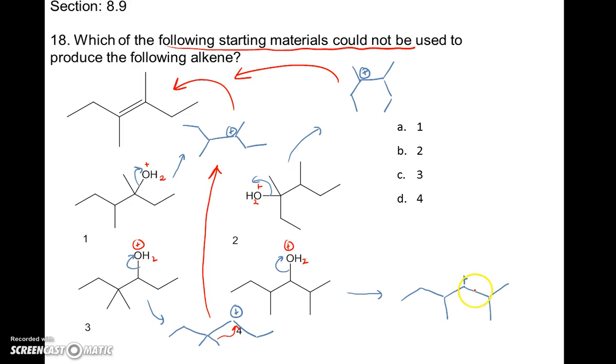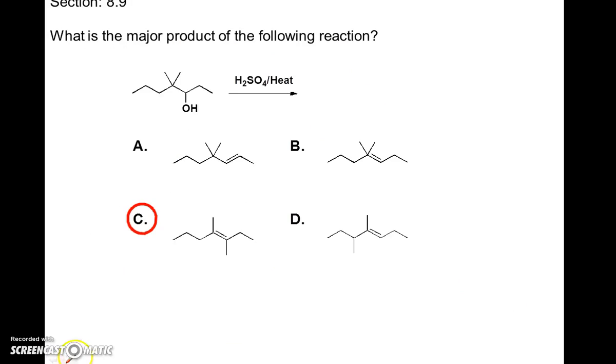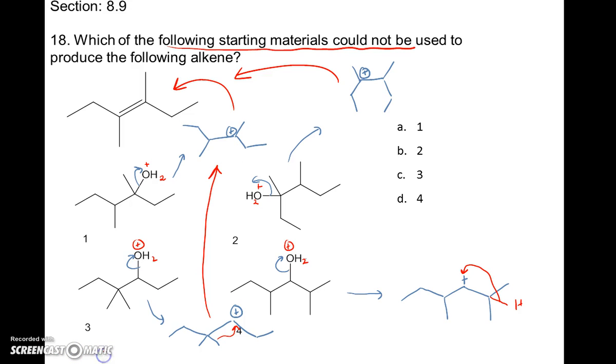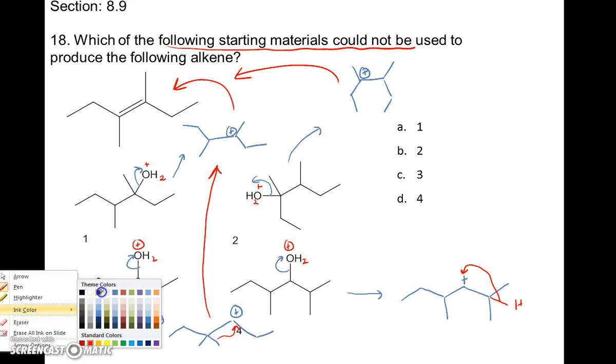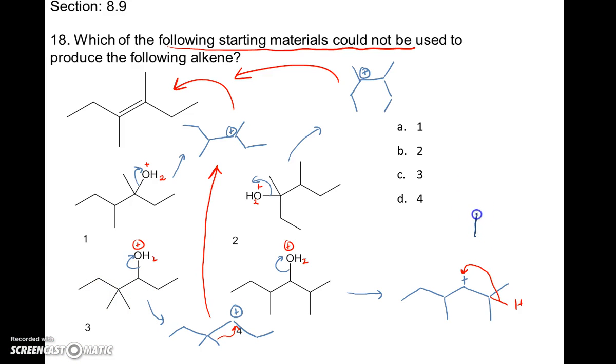But if you look at this, nothing can happen here. If you were to take this hydrogen and migrate it over here, what do you get? What you get will not be anywhere close to the product. What you're going to get will be this.